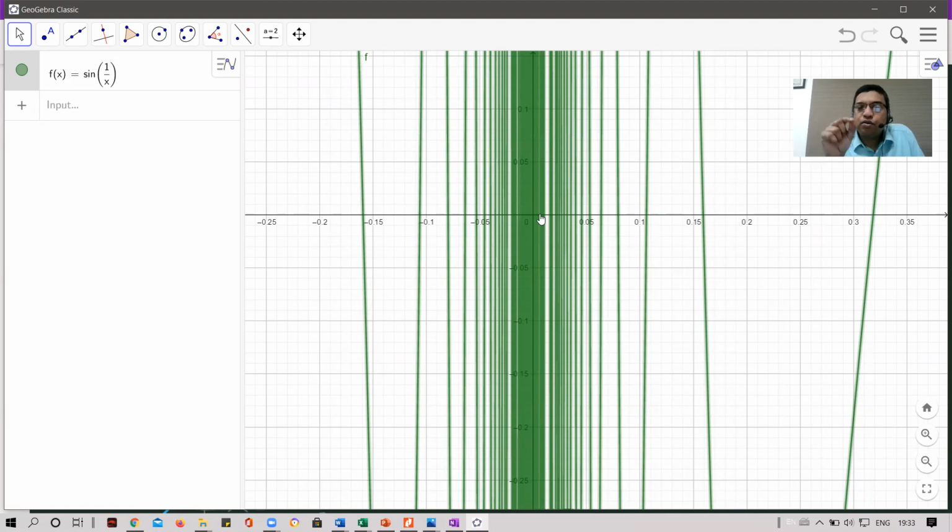So although x is in the deleted neighborhood of 0, the function value doesn't go to a neighborhood of any number. It keeps vacillating. Therefore, the limit does not exist for this particular function, sine 1 by x.